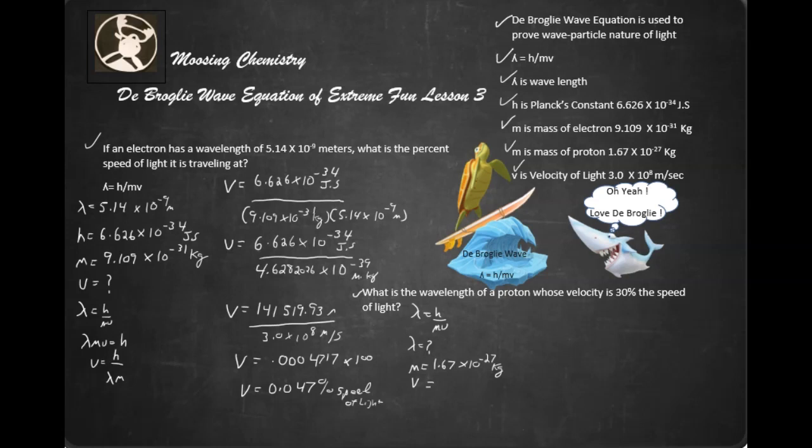The speed of light is 3.0 times 10 to the 8, so we multiply that by 0.30. That gives us, correction, 9.0 times 10 to the 7 meters per second. All right, good. So that's our velocity, 30% the speed of light.